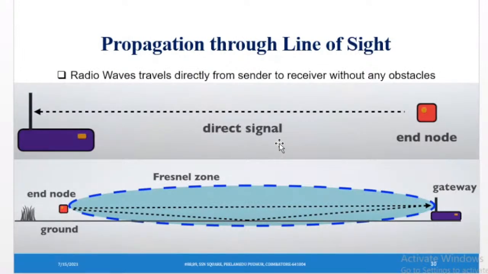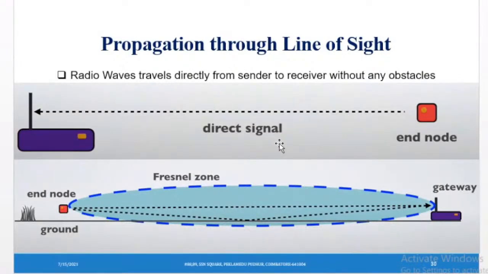Next we are going to see the direct signal and the Fresnel zone. What is that Fresnel zone? Why does this Fresnel zone play a major role? Fresnel zone is nothing but the radiating pattern of that particular signal. The node doesn't radiate in a single direct pattern; it radiates in an oval-shaped pattern.